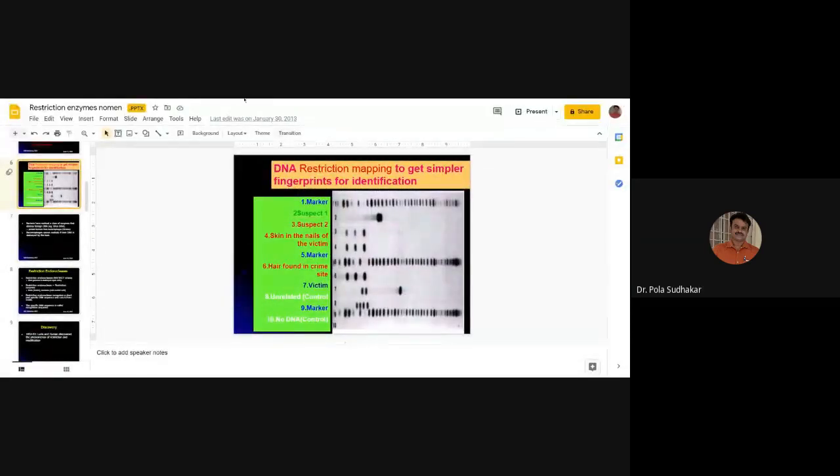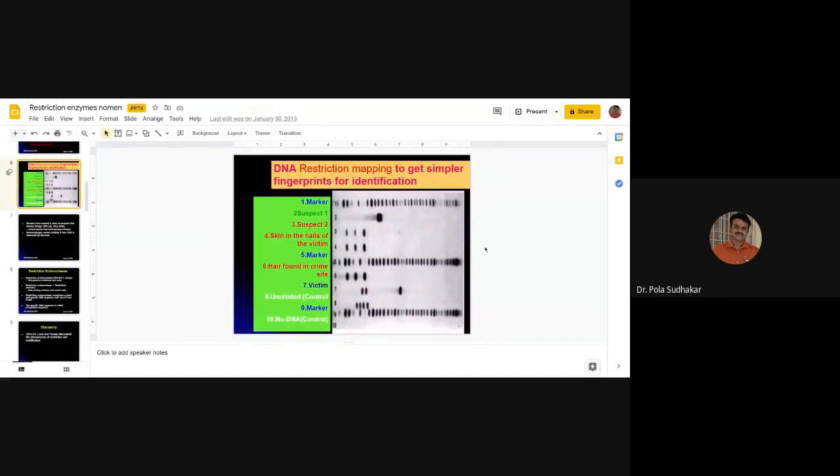Here in this slide you can see the restriction mapping. With restriction endonucleases, you can use this system in DNA fingerprinting. After digestion, you have to run the samples on agarose electrophoresis. Here is the marker line, the suspect, the skin and nails of the victim, hair found at the crime site, the victim, and control DNA.